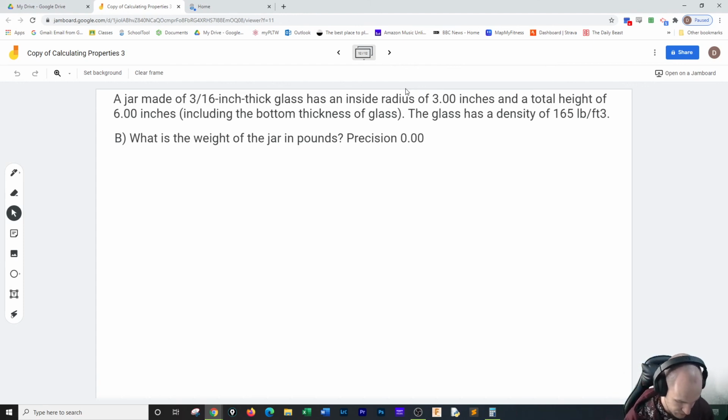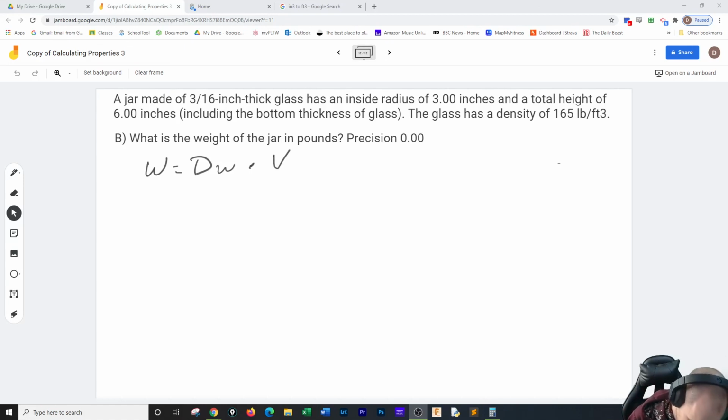So the last question is, what is the weight of the jar in pounds? We know how to get the weight. The weight equals the density weight times the volume. The one problem we have here is our density weight is in feet cubed, and we've got to convert that to inches cubed.